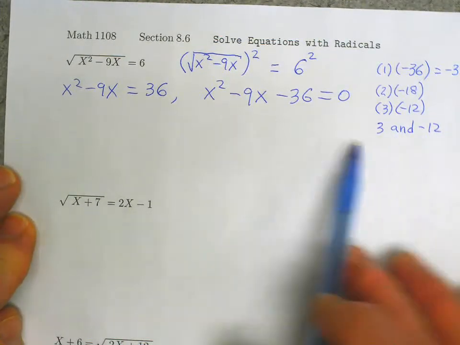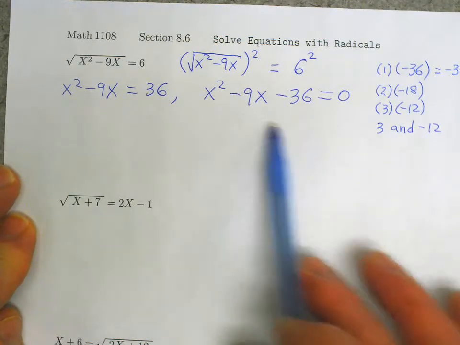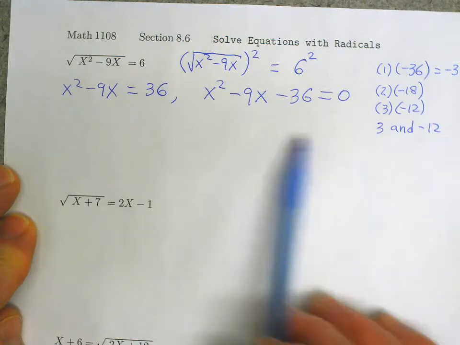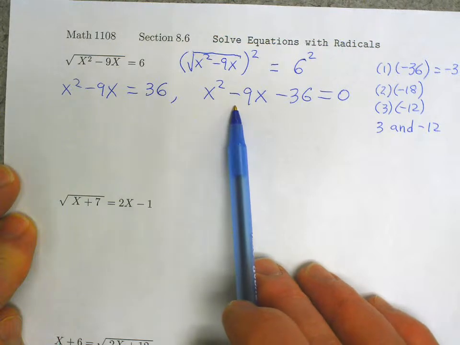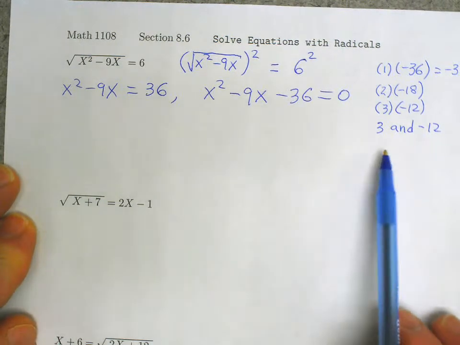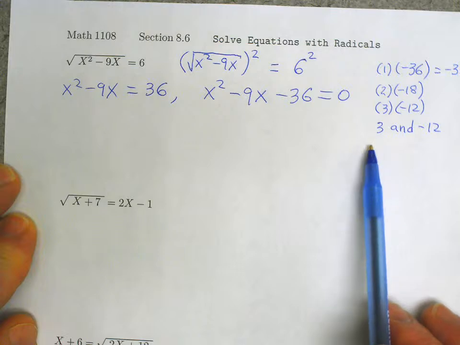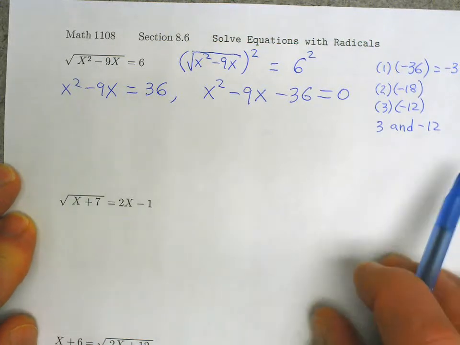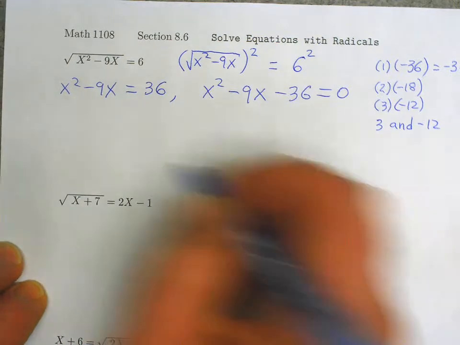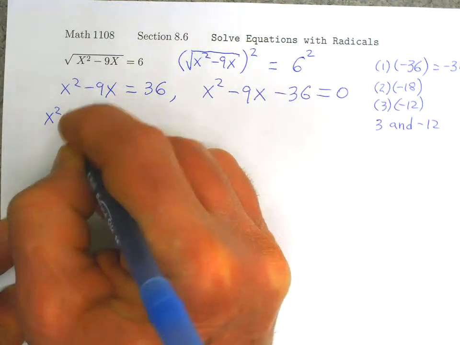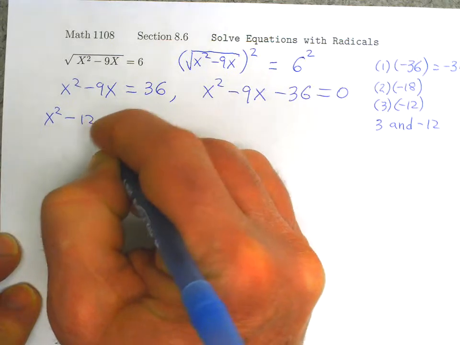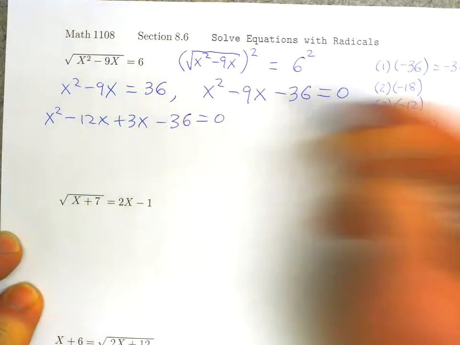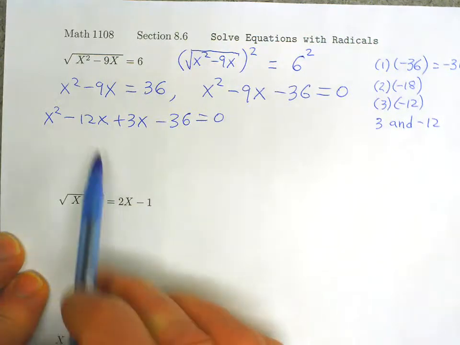So let's go through the entire process of factoring using the AC method. So in the next step, we'll replace minus 9x in the middle with either plus 3x minus 12x or minus 12x plus 3x. Either way works. But I'll go ahead and write it as x squared minus 12x plus 3x minus 36 equals 0. And then we factor by grouping.